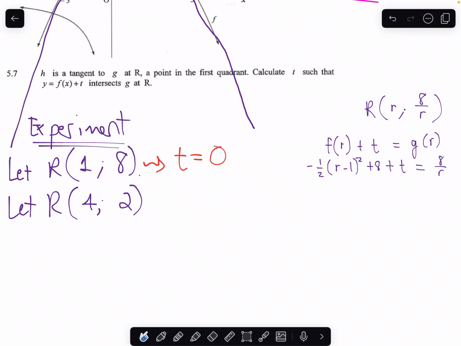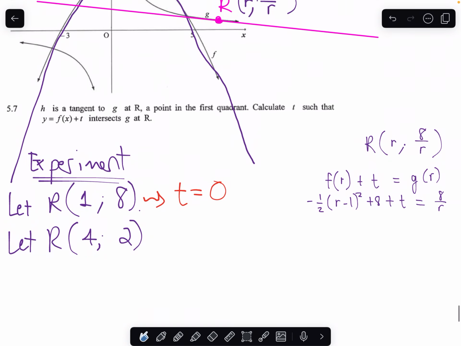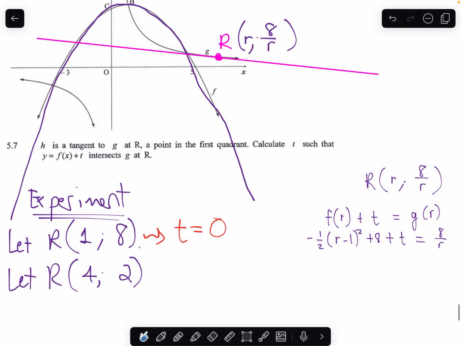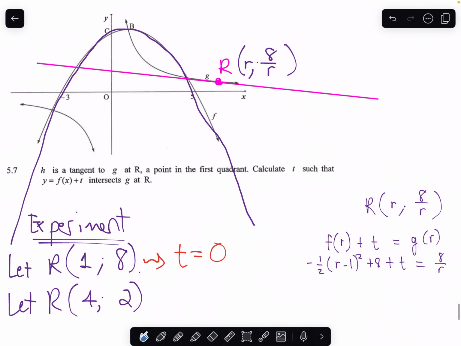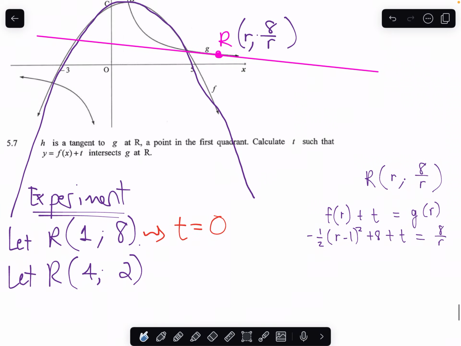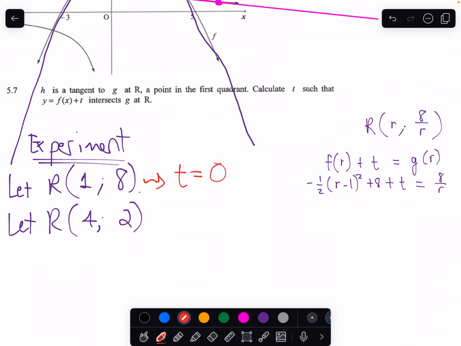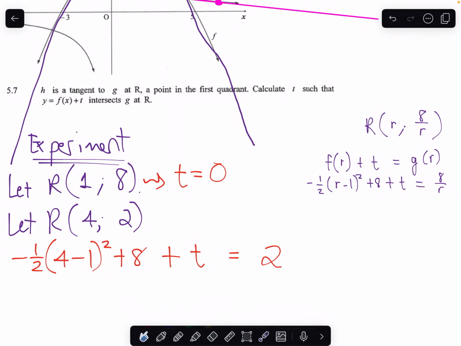Anyway, calculate t such that y is equal to f of x plus t intersects g at r. So we would be looking for minus a half, so the x would have to be 4, and we want to add something to this parabola so that it also has an output of 2 when x is equal to 4.